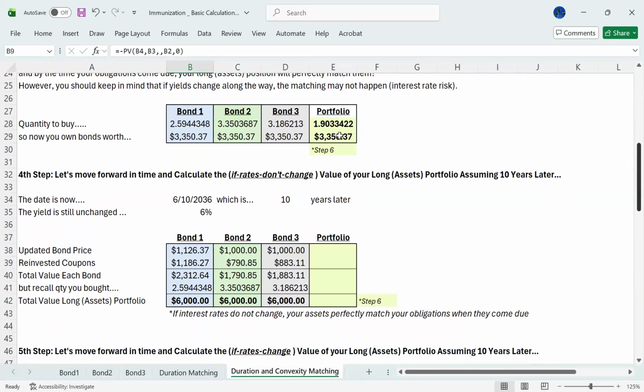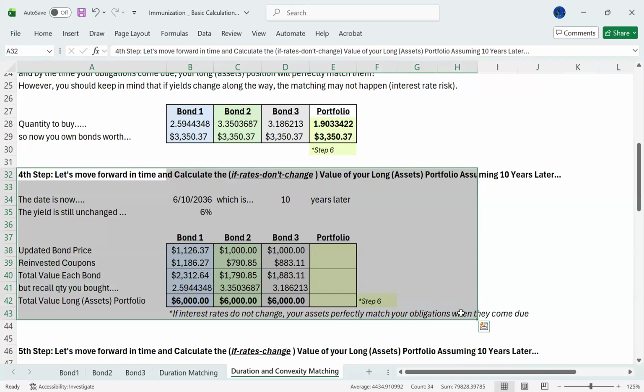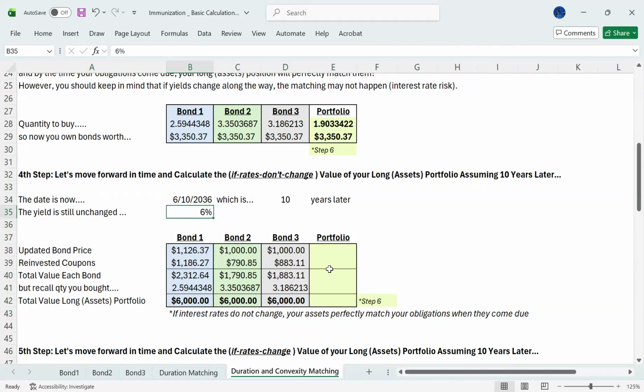Okay, now just for completeness, let's assume 10 years pass by but rates do not change. In that case, I'm not calculating these things the way I can for a single bond, but I can do this: if I invested in some weights in each one of these bonds, then I would have a proportion of each bond equal to the weight.